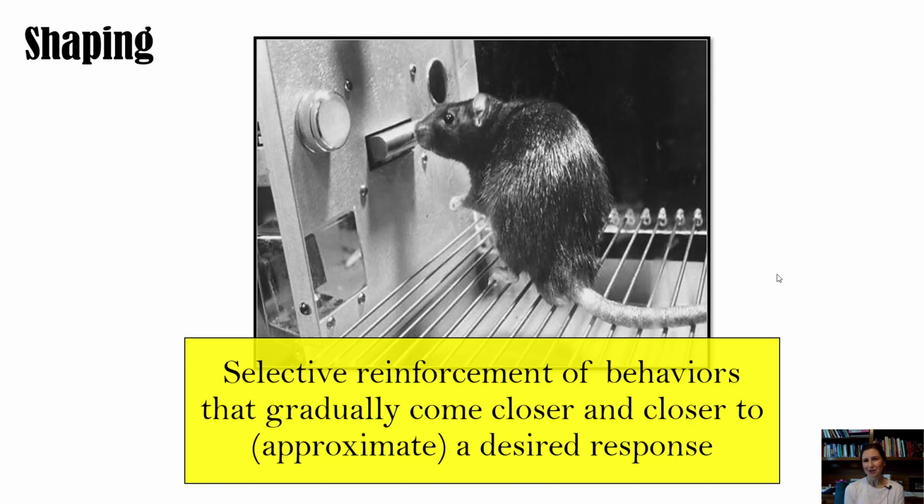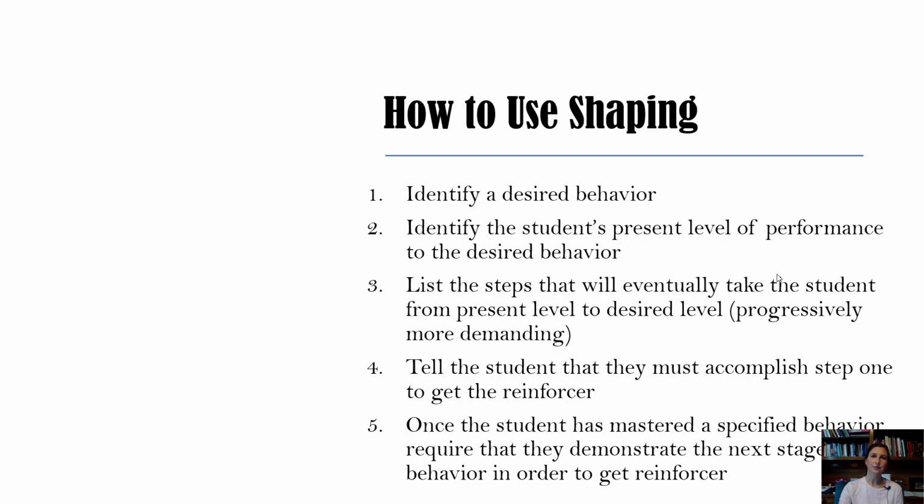And after he's putting his paws on the lever, then you might reinforce him pushing the lever down. If you would have waited for him to push the lever down, you would have been waiting for a really long time. But you took that behavior of pressing the lever, you made steps, and you reinforced those steps that get closer and closer to the target response, and eventually you'll have your target response.